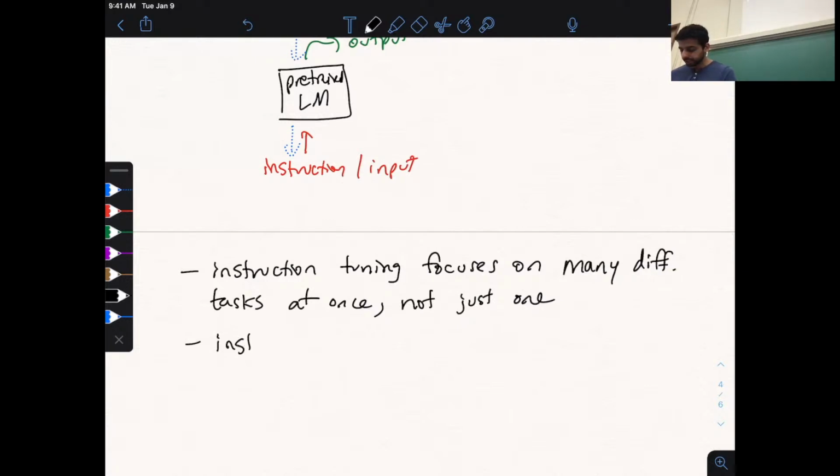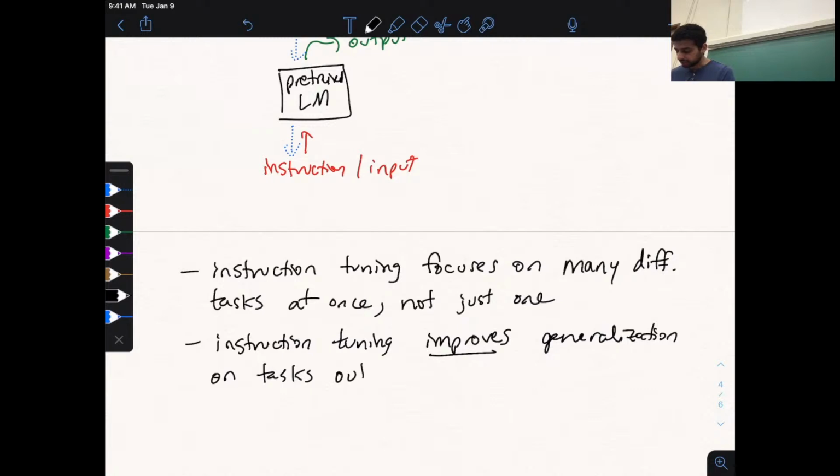And instruction tuning improves generalization on tasks outside of the training data. Oops, let me say the fine-tuning data.